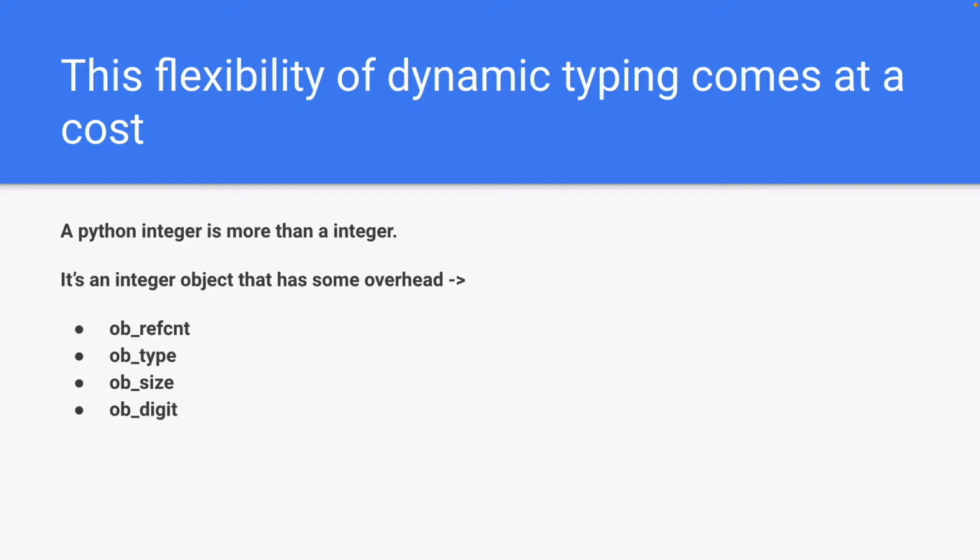The reference count, ob_refcnt, helps Python silently handle memory allocation and deallocation. And the object type encodes the type of the variable.